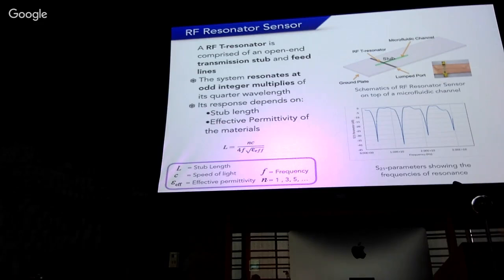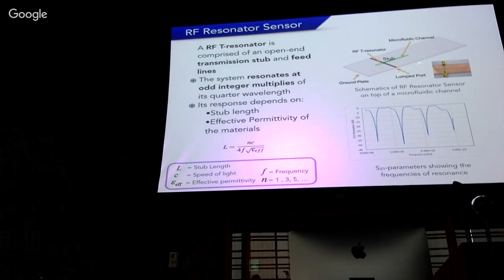You can see it in this picture. And then we have two ports. We send a sweep of frequencies through one port, and we measure the reflected and the transmitted power through these ports. When the sensor resonates, there is a frequency notch that looks something like this. And then it has harmonics, and these harmonics occur at odd integer multiples of the quarter wavelength.